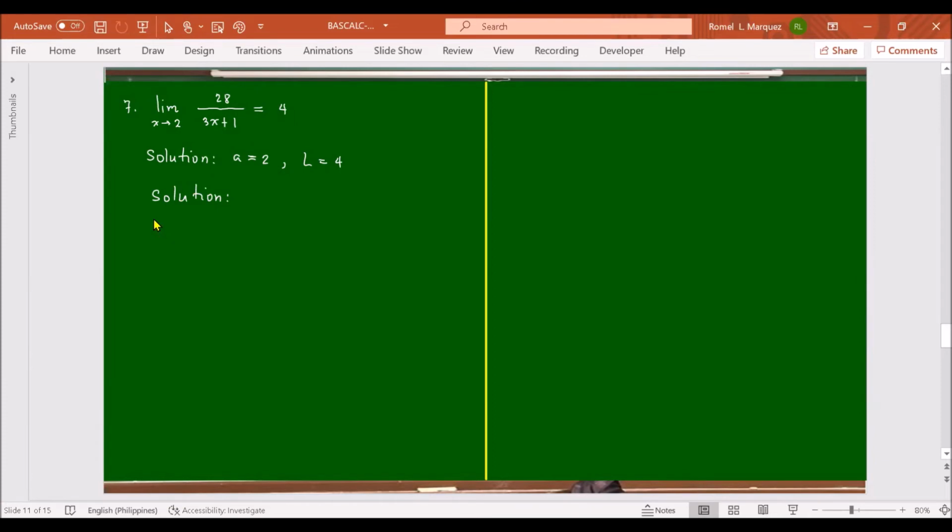So again, let epsilon greater than 0 be given. So we seek what?